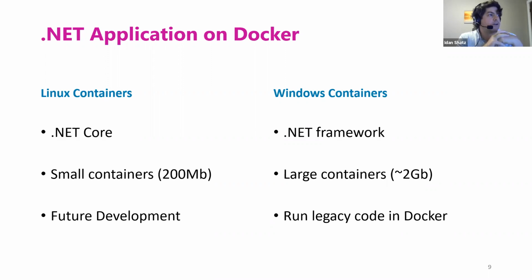Linux containers are smaller and Windows containers are larger, but there are other features that you want to consider. When do you need to choose which? So if you have a legacy application or your application is using the .NET Framework, well, the .NET Framework depends on the Windows operating system.